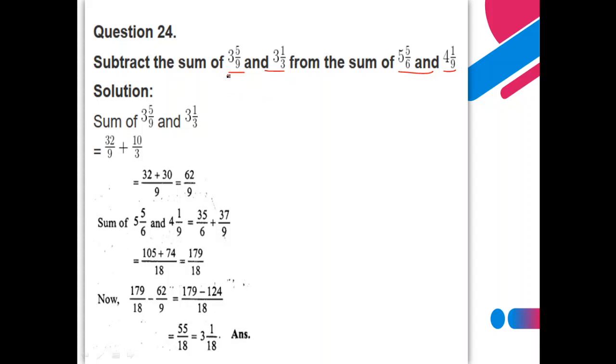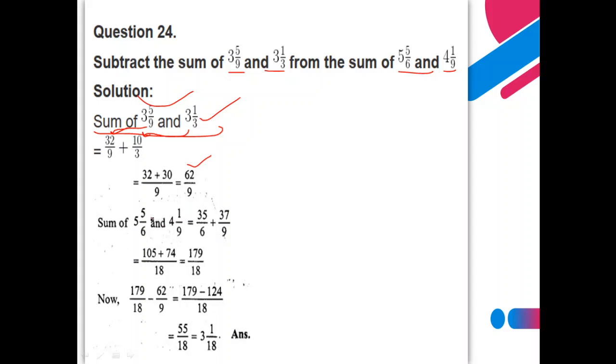First of all we have to find the sum of 3 5 upon 9 and 3 1 upon 3. Here we have to change into improper, 32 upon 9 and 10 upon 3, and then calculate. After addition we get the answer 62 by 9.